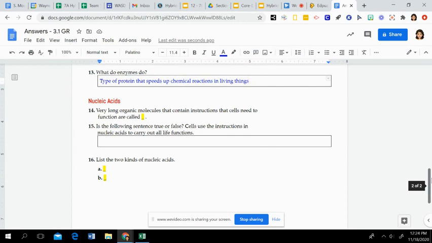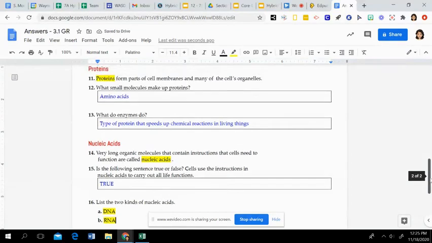Nucleic acids are the very long organic molecules that contain instructions that cells need to function. And then is the following sentence true or false? Cells use the instructions in nucleic acids to carry out all life functions. This is true. And then the two kinds of nucleic acids that are talked about briefly are DNA and RNA.